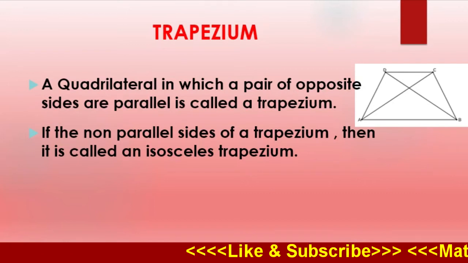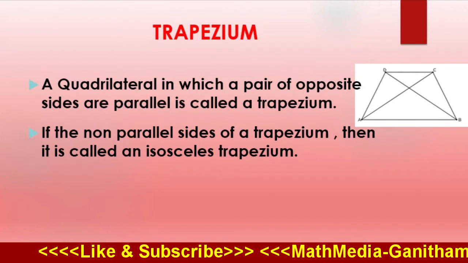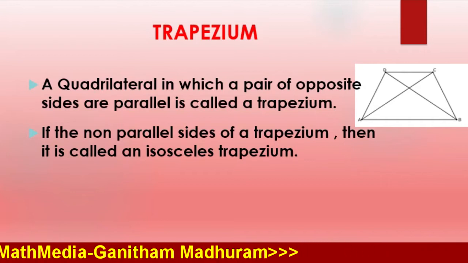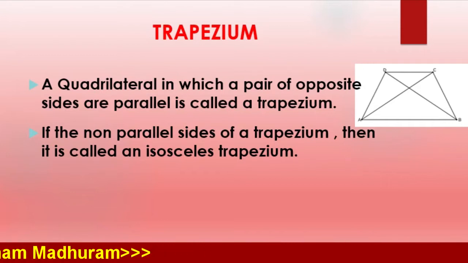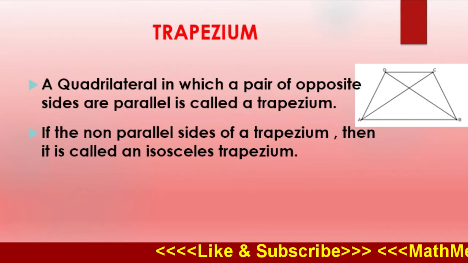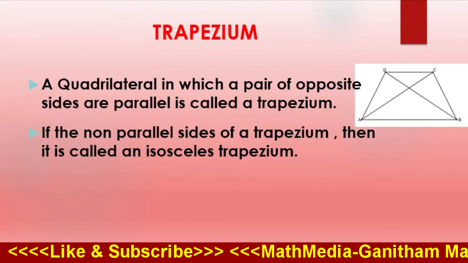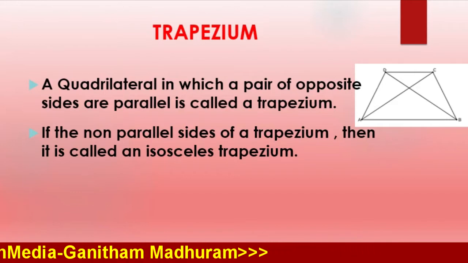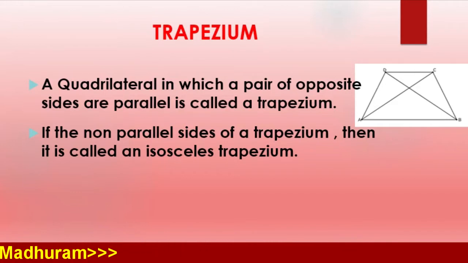As you know, an isosceles triangle means a triangle whose two sides are equal. Here, isosceles trapezium means a trapezium in which the non-parallel sides are equal.